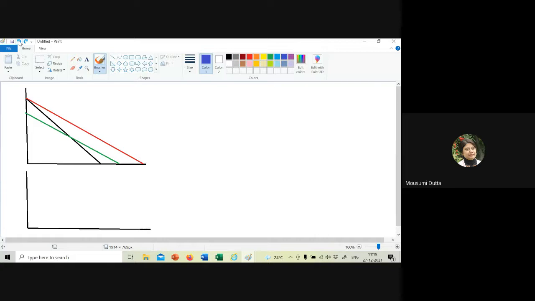It's really very difficult to draw these things using the e-board. This will be a smooth curve like this.